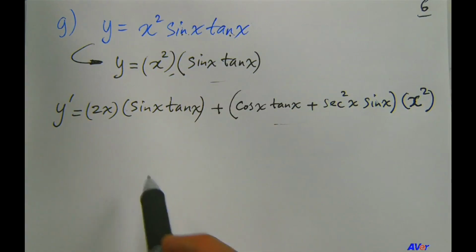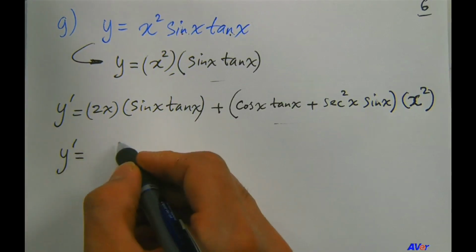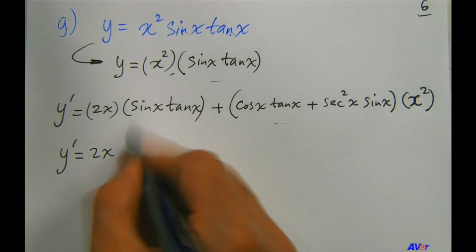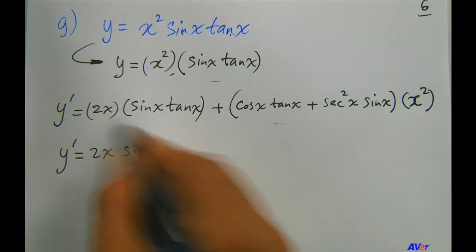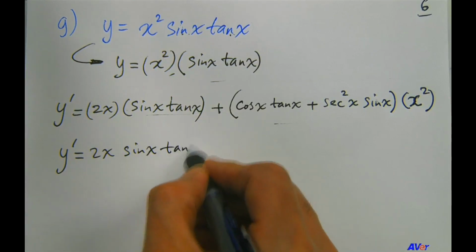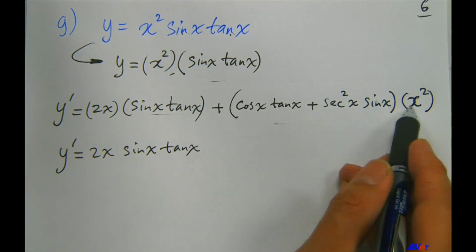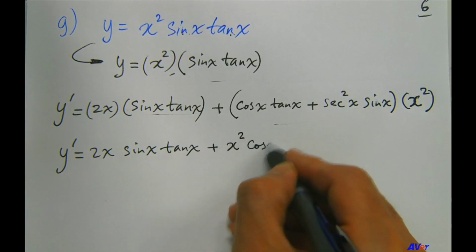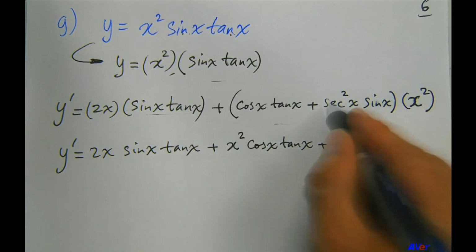So now let us distribute and simplify. So we have 2x sine of x tangent of x, and then let's distribute x squared into this, so plus x squared cosine of x tangent x, plus x squared.